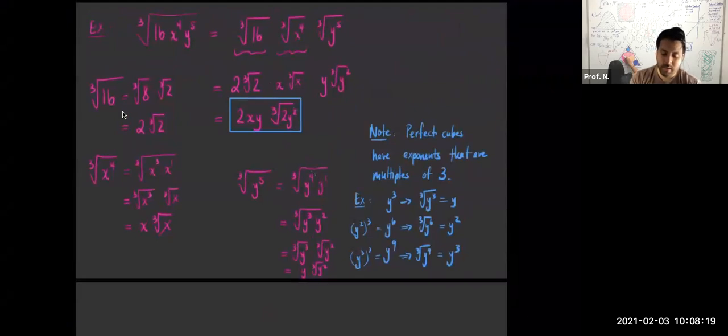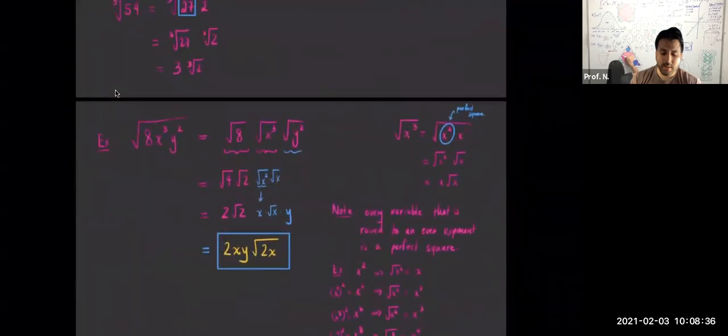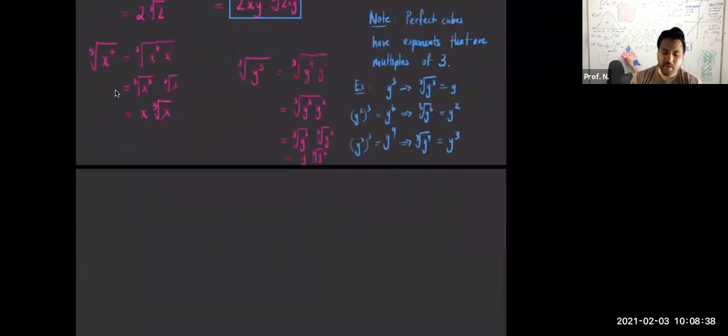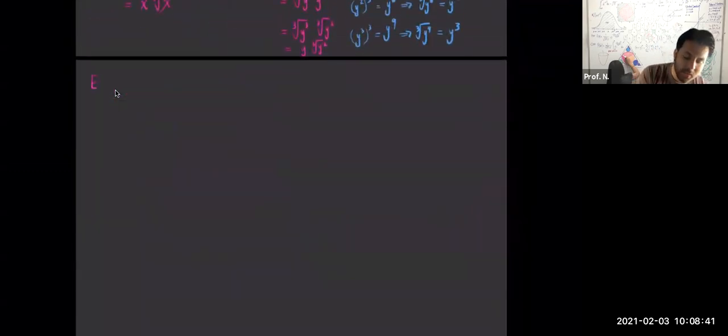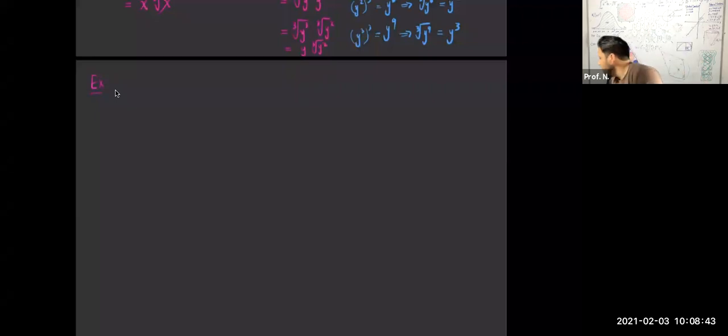I completely glossed over that. Yes, you're right. There's an x here. So I forgot about the x. Thank you for that. Great. So now that gets a little better, right?